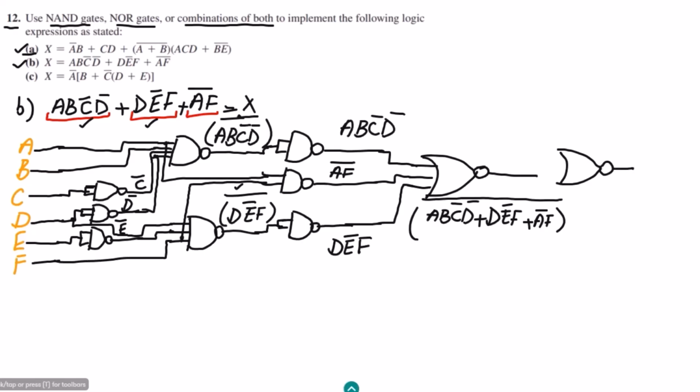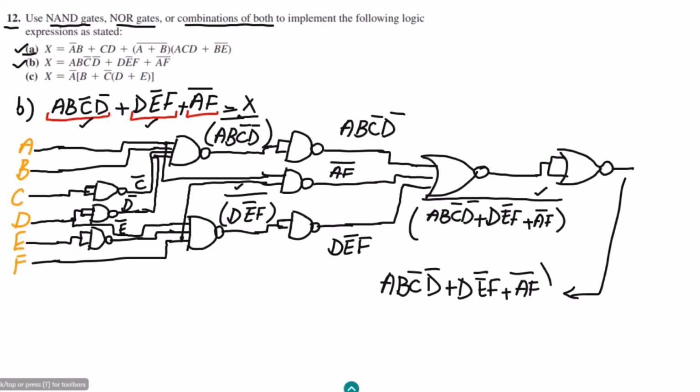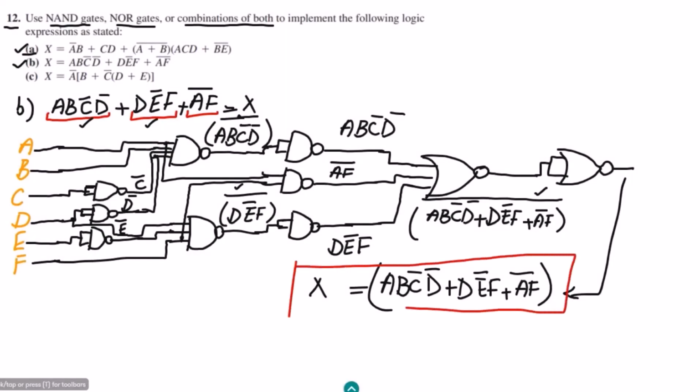I can also use the NAND gate here, but let me use this NOR gate, and to it let me apply the same input. At the output, this complement will be removed, and I will get A B C complement D complement plus D E complement F plus AF whole complement. Okay, so this is X, and that is the answer of my question.